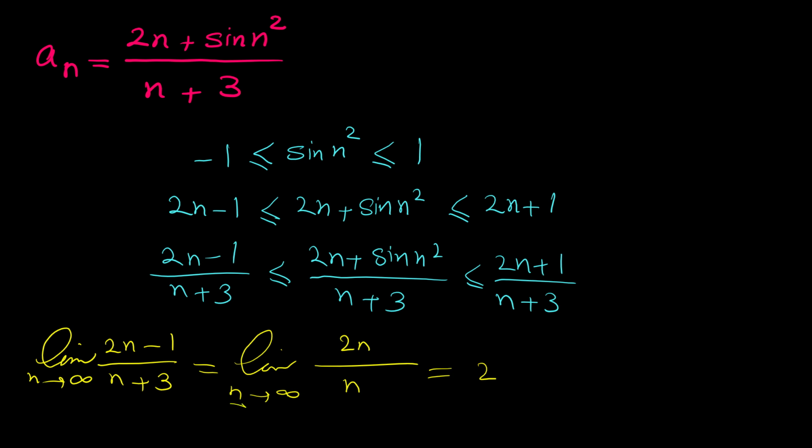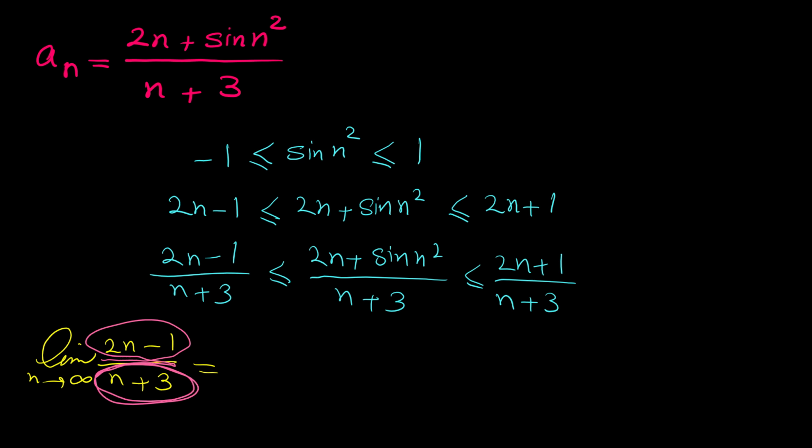The other way, here I show you all the ways that are possible to find this limit. The other way is to remember a fact from limits at infinity for functions. If you remember, when we are finding the limit of rational expressions, when the degree of the numerator is the same as the degree of the denominator, the degree of the numerator is 1 because we have n to the 1 as the highest degree, and the degree of the denominator is also 1.